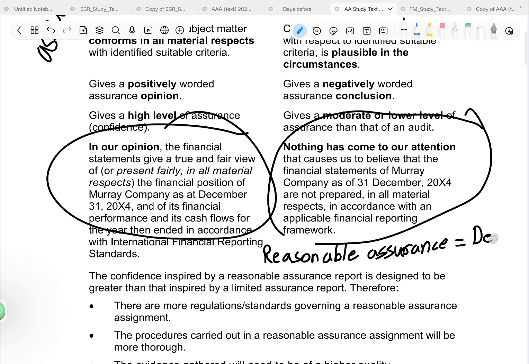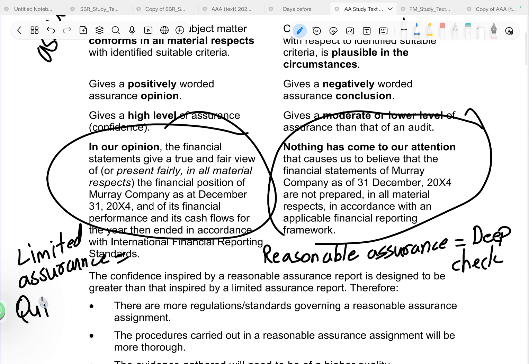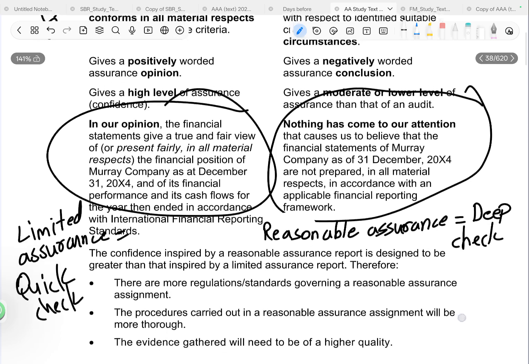Reasonable assurance means a deep check, and limited assurance means a quick check. Okay, so reasonable assurance engagements have more regulations and standards. The procedures performed are more detailed and extensive, and the evidence must be of higher quality.